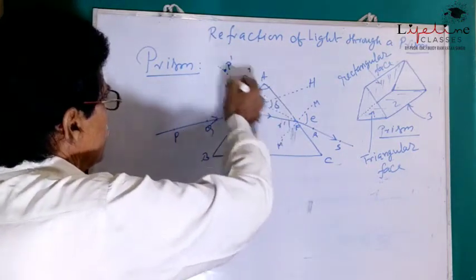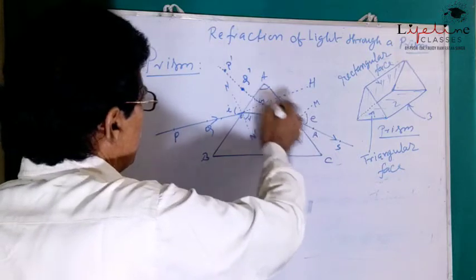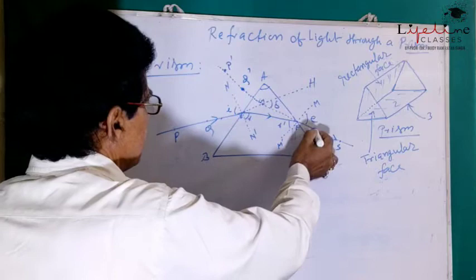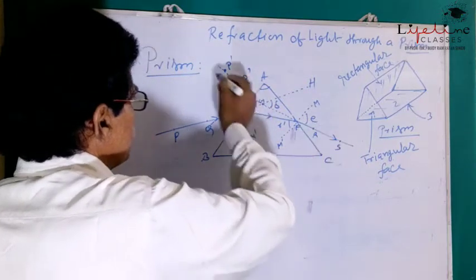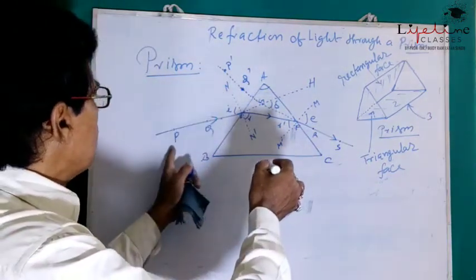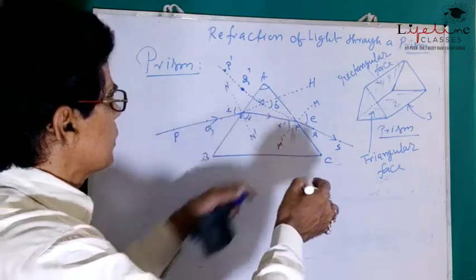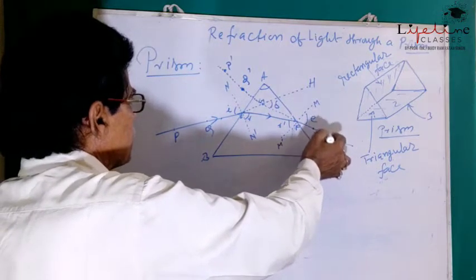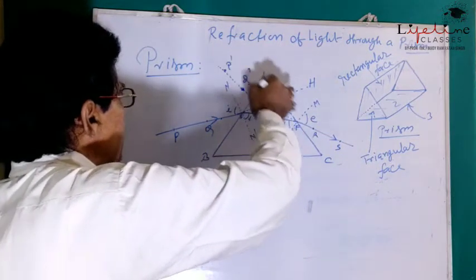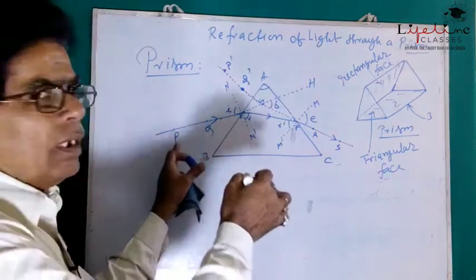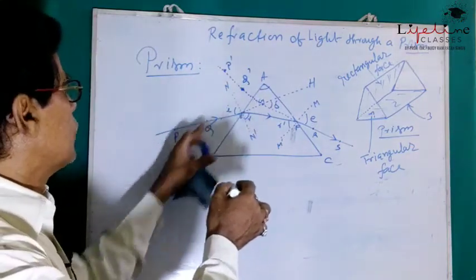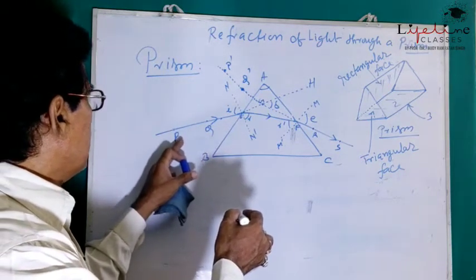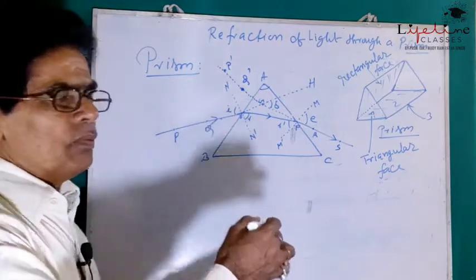Now in the same line, if we fix another pair of pins R and S collinear with the images P dash, Q dash, we feel that RS is coming from P dash, Q dash, but actually the position of P dash, Q dash is really at P and Q.